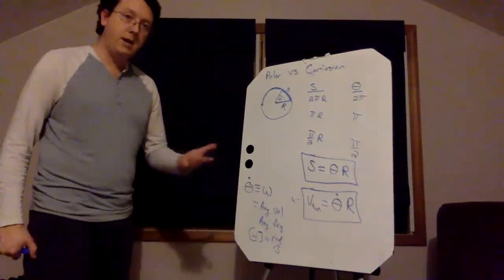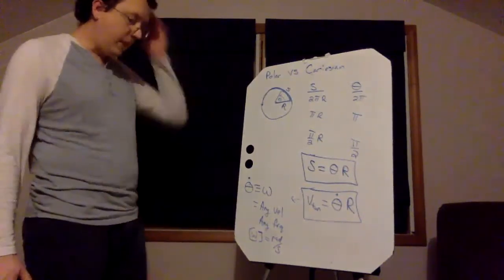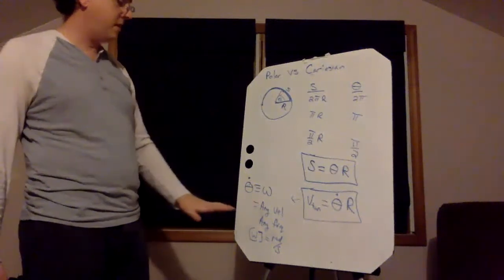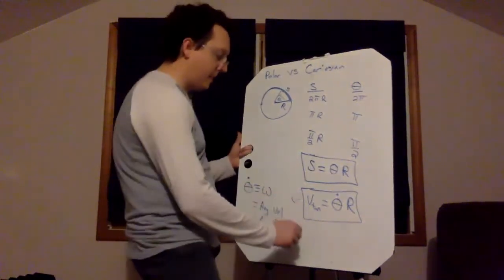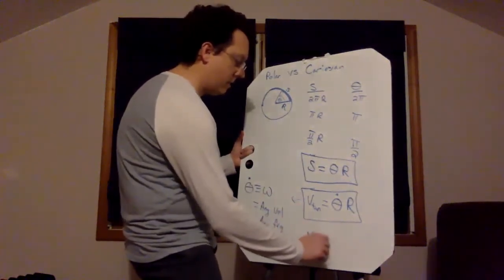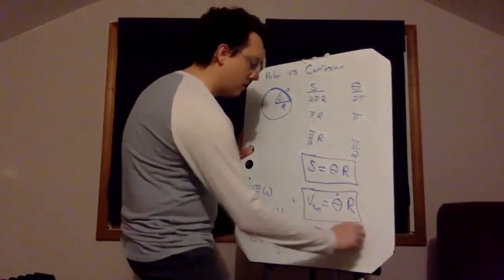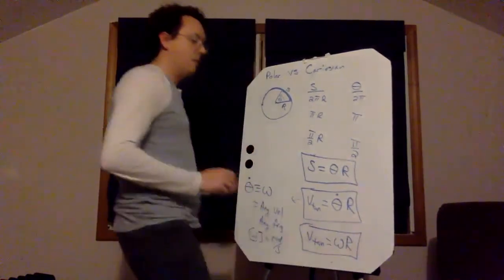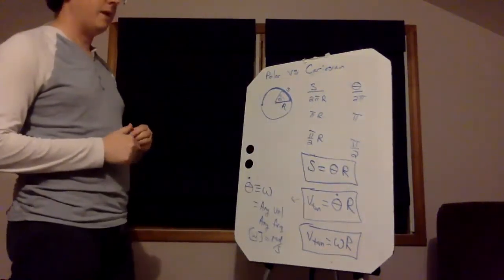It tells you how many radians per second you gain every second, or sometimes it's called angular velocity or angular frequency. So you can write this formula as saying that V tangent equals omega times r. All right. So that's a useful kinematic variable.